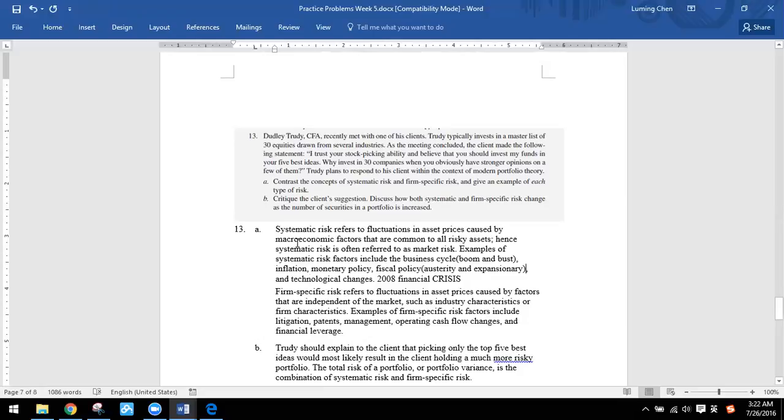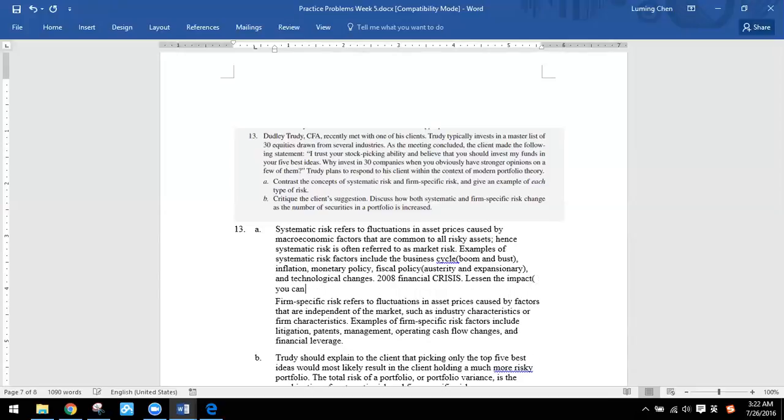So you can do your best to avoid the impact or to lessen the impact, but you can never avoid it unless you close all your positions.